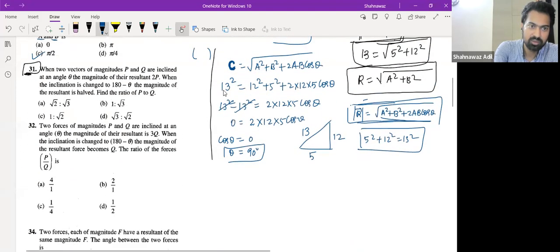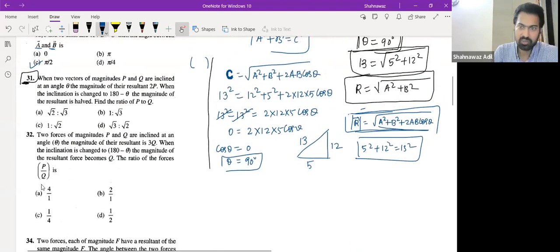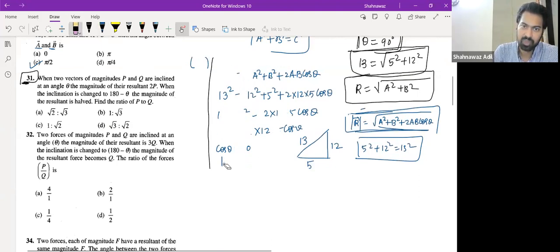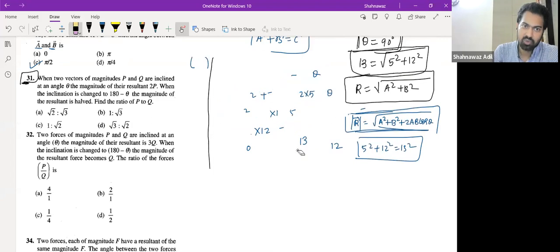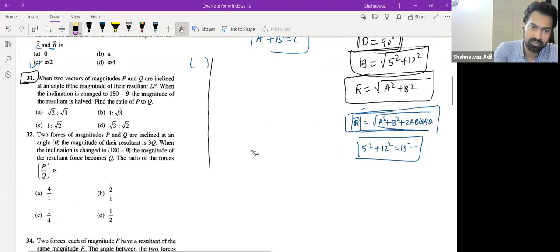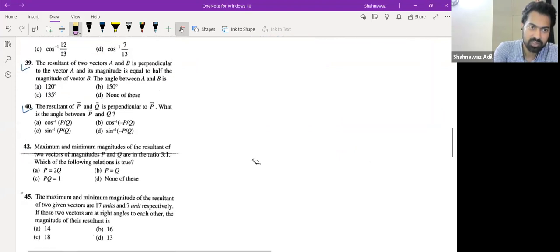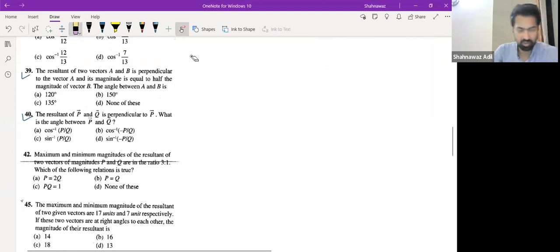So in the 31 question, Rishita, you have two vectors which are inclined at some angle. Yasir couldn't, so take the screenshot, Yasir.